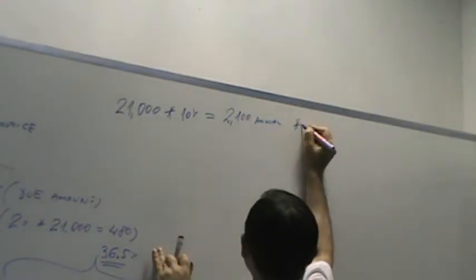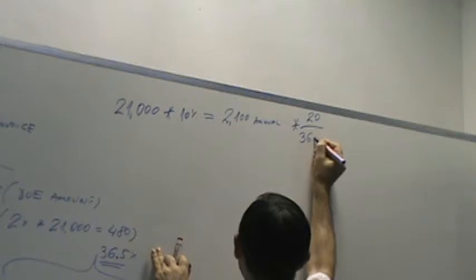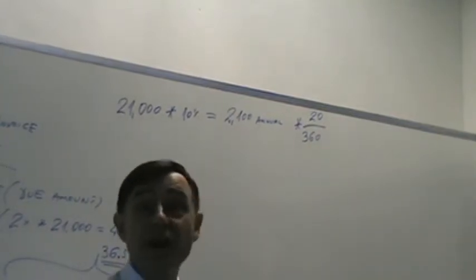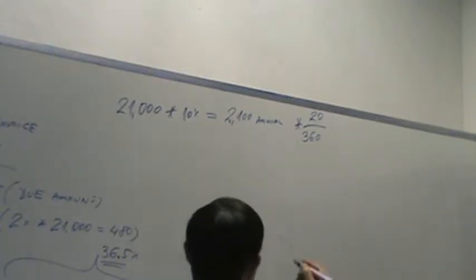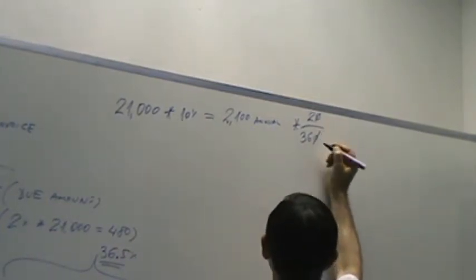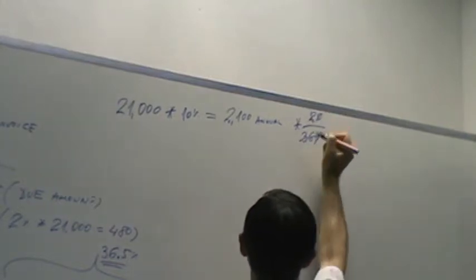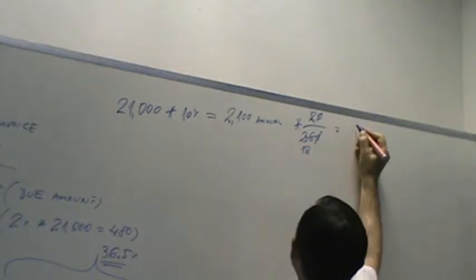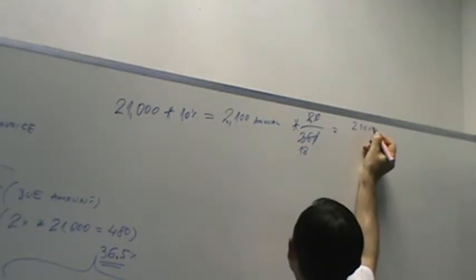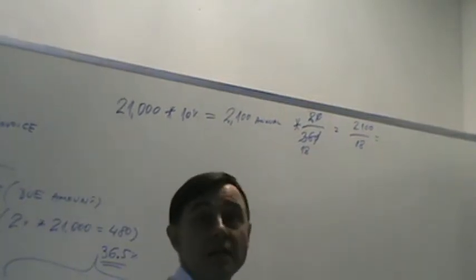Well, for 20 days, you have to multiply by 20 and divide by 360, or divide by 365, whatever kind of year. So, you cancel this 2 with this, you cancel this 2 with 36 becomes 18, so it becomes equal to 2,100 divided by 18, alright?